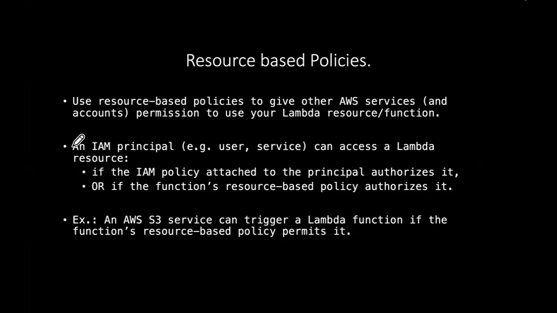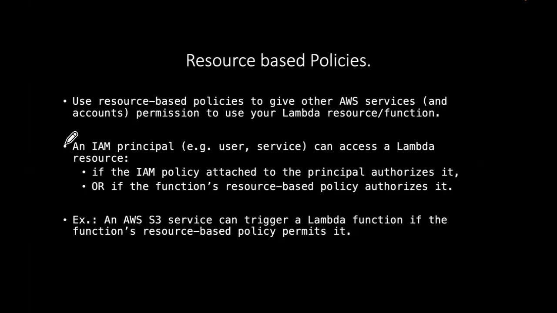So again, some other service or some other user can invoke your Lambda function if A, they have the necessary permissions to do that, or B, the Lambda function allows them to do that.